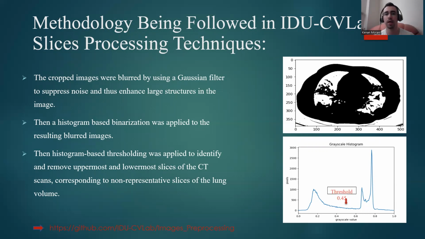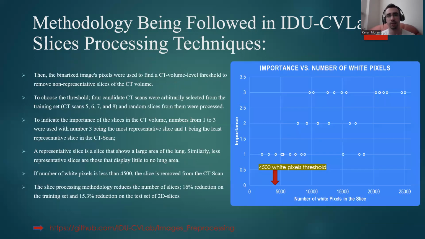So the method to remove those slices was to binarize the slice, taking a binarization through the histogram. Looking at the histogram, I chose a threshold. As you can see, the threshold that fit after normalizing the pixel values was 0.45. So based on this histogram, I will be removing the uppermost and lowermost slices in the CT images.